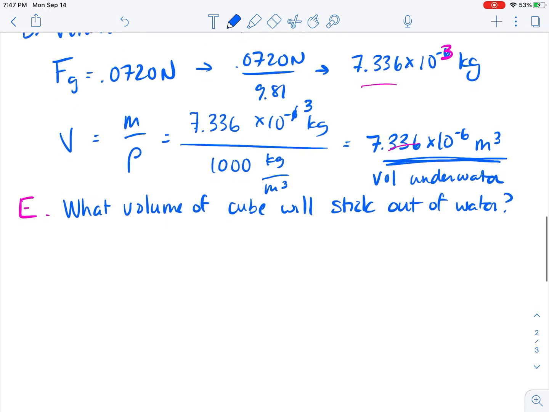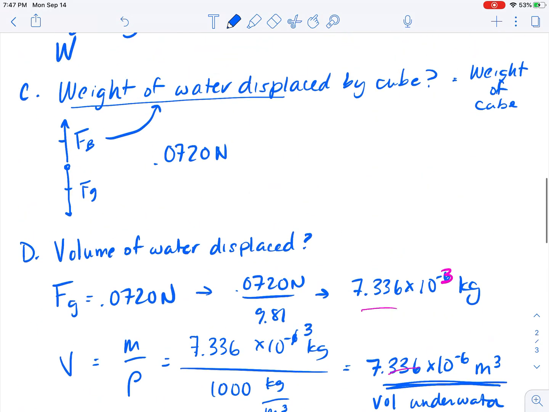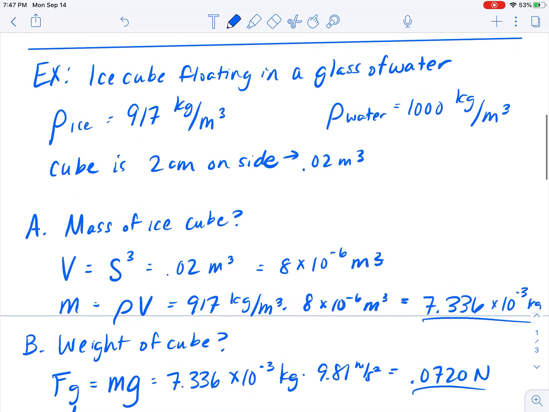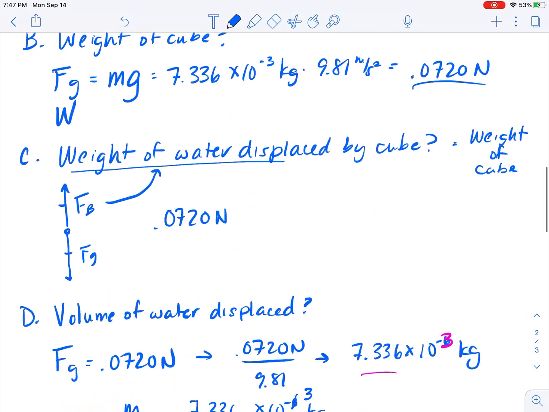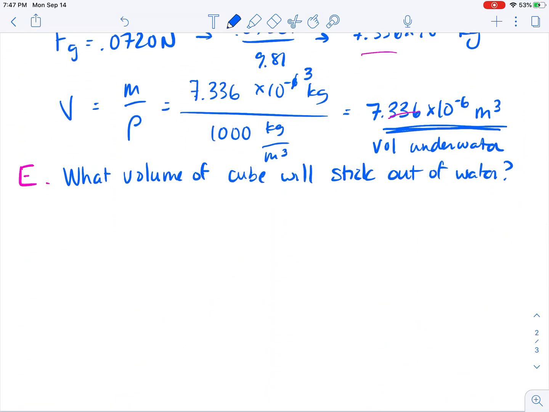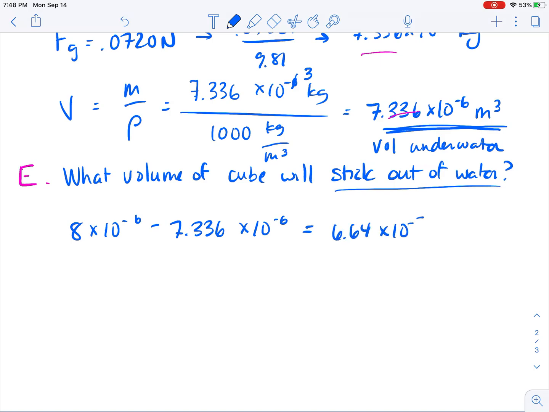And we know the volume of the cube. We calculated that up here, 8 times 10 to the negative 6th. So the volume of the cube minus the volume that's underwater is the amount that will stick out of the water. So if I take 8 times 10 to the negative 6th and subtract 7.336 times 10 to the negative 6th, that gives me 6.64 times 10 to the negative 7th meters cubed.